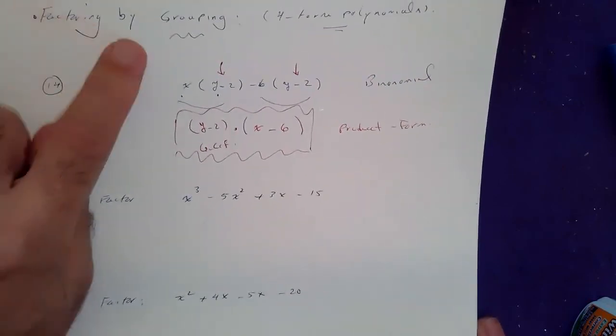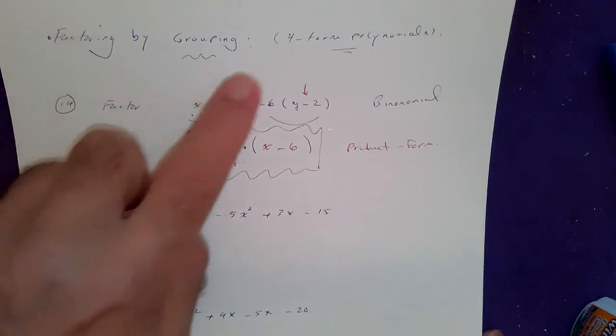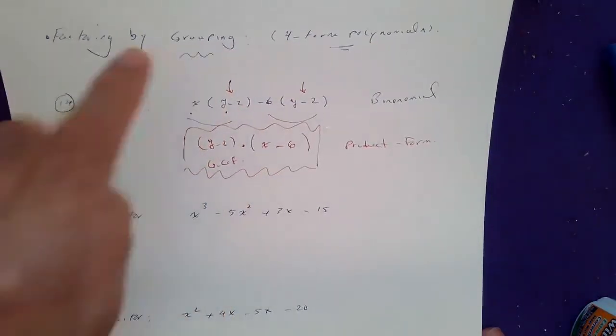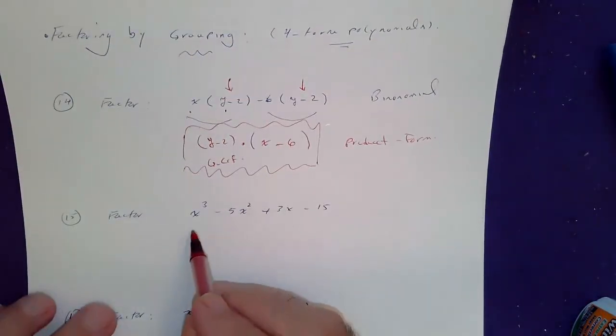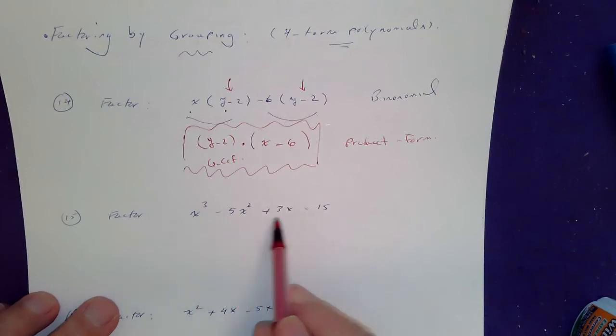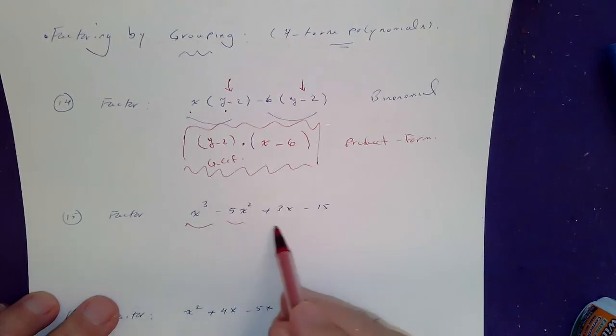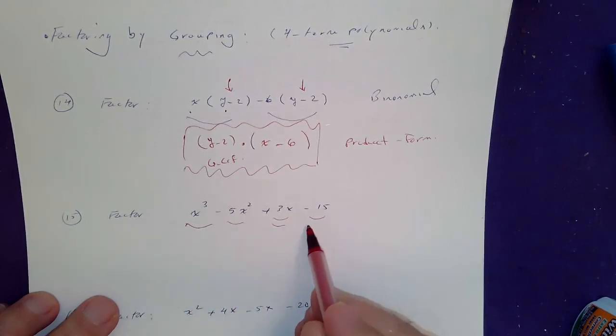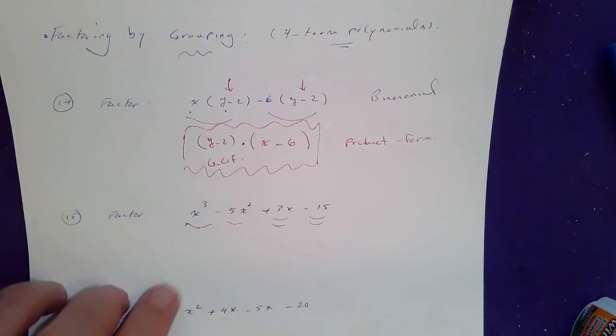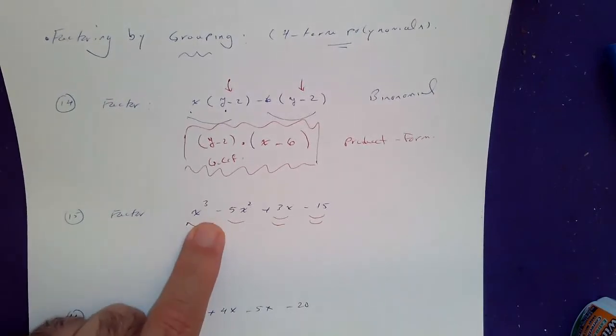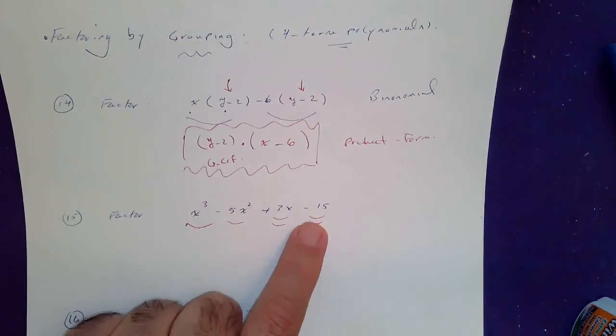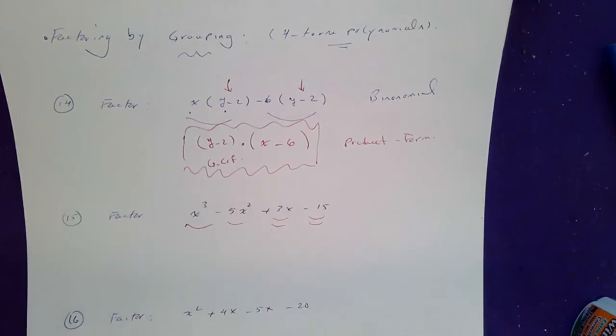Okay, now let's go back to what we said about factoring a 4-term polynomial by grouping. Notice none of these 4 terms have anything in common. However, if you group them 2 at a time, each of the first two terms has something in common, like x squared, and each of the last two terms has something in common, like 3.